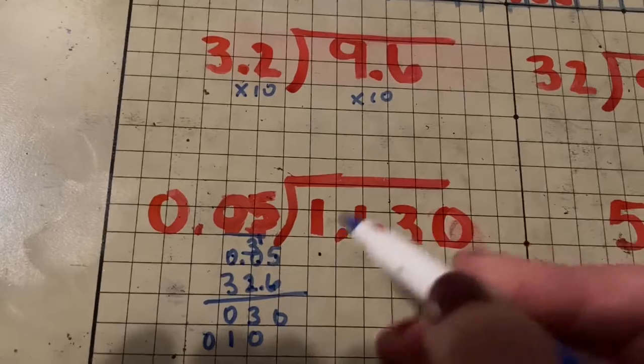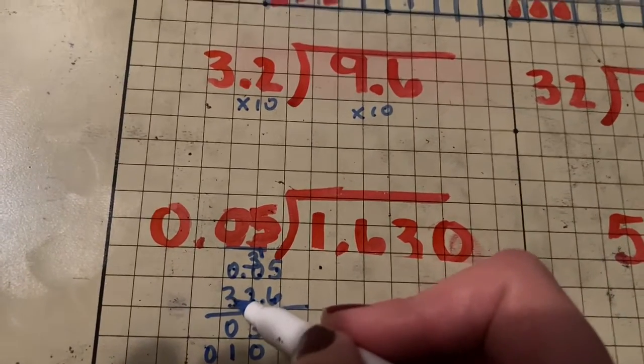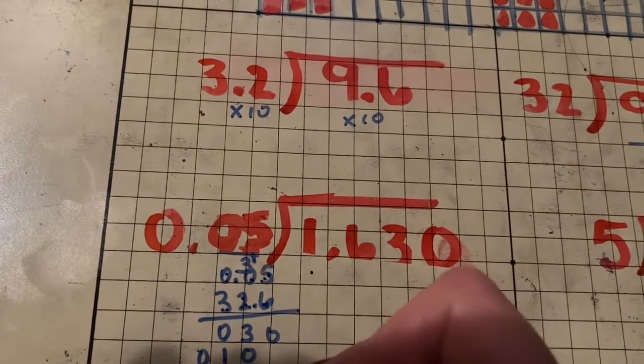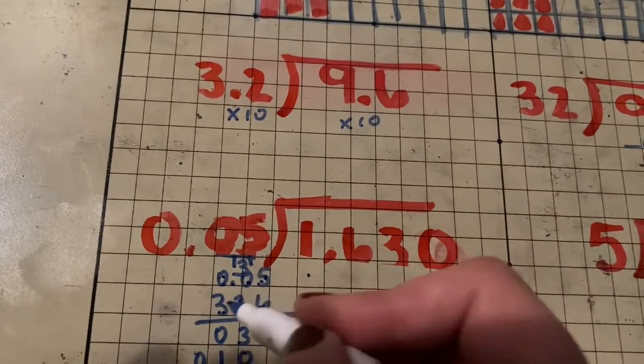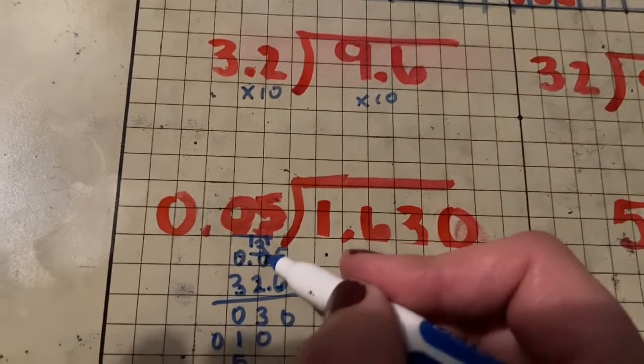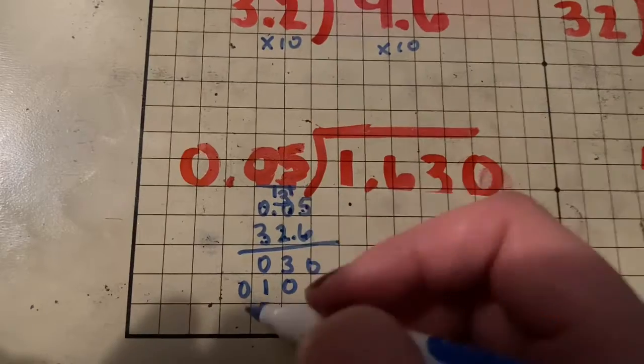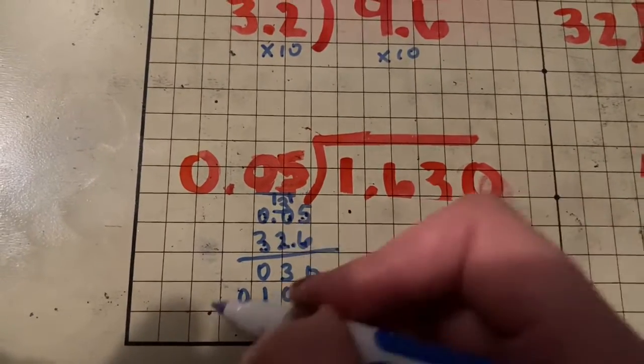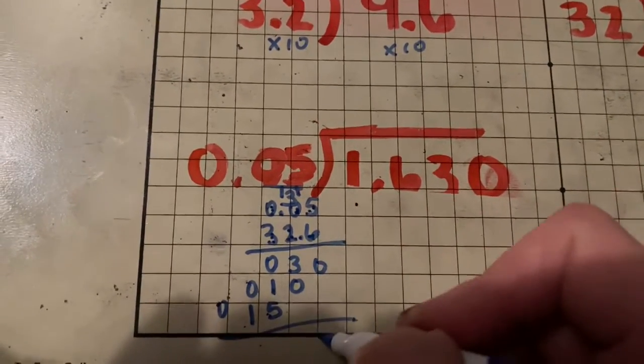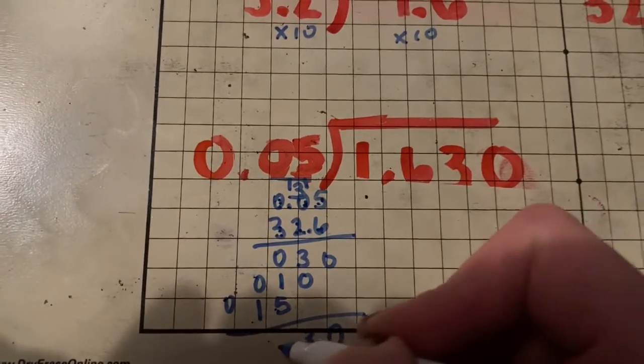All right. Now let's do our 3. 3 times 5 is 15. Carry the 1. 3 times 0 is 0. And add the 1. 3 times 0 is 0. Add them up.